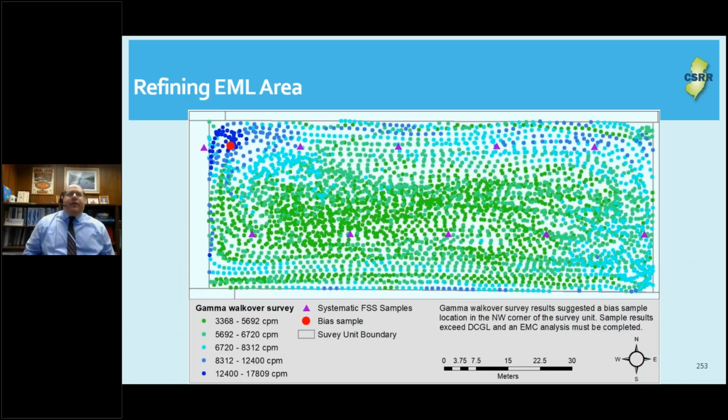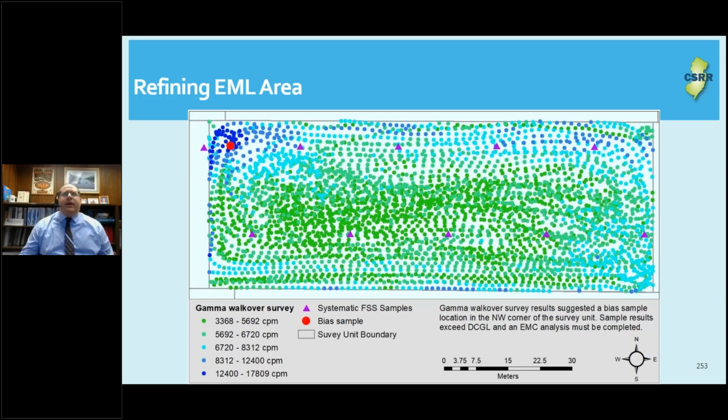And here's an example figure showing a gamma walkover survey along with systematic sample locations on a triangular grid. So in the key, you can see the gamma walkover survey data, the count rates as counts per minute, CPM, range from the low end in green to higher count rates in dark blue.